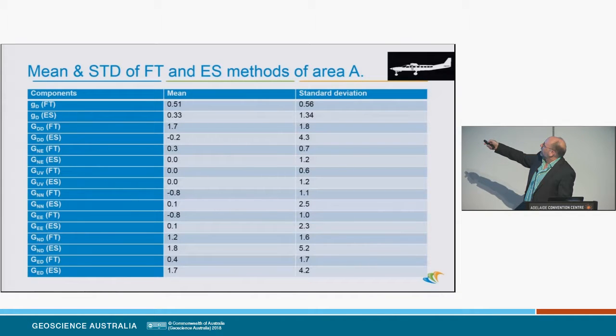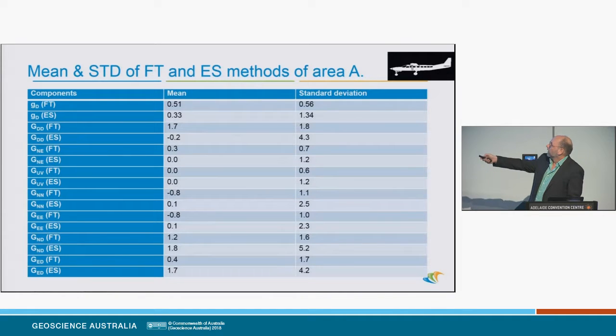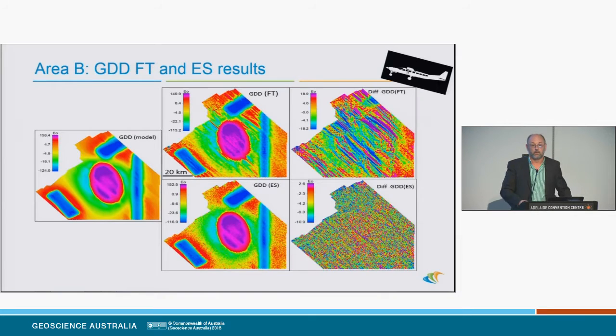And what you can sort of see is this pattern of a high value, low value, high value, low value, as we go from Fourier transform to equivalent source. So in every one of these cases, the RMS difference between the result and the model is lower for the Fourier transform result than it is for the equivalent source result. So the Fourier transform is actually performing better for this particular model.